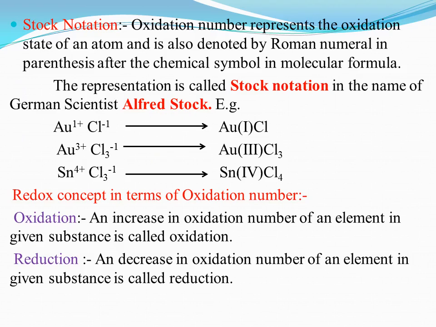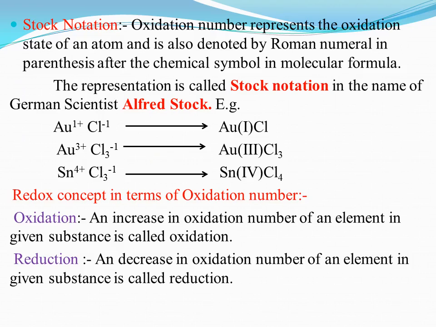Example, Au+ Cl- can be represented as Au(I)Cl. Au3+ Cl3- can be represented as Au(III)Cl3. Sn4+ Cl4- can be represented as Sn(IV)Cl4.